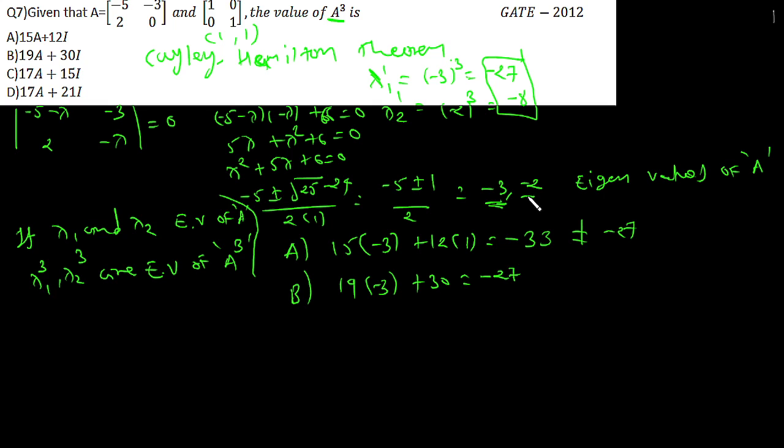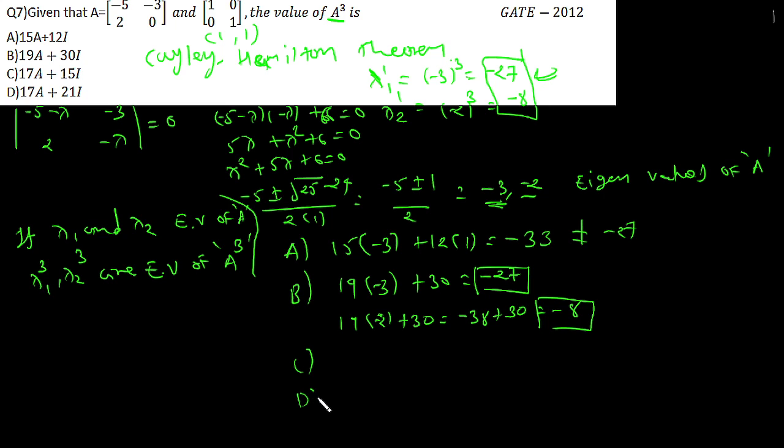Let's also check for minus 2: 90 multiplied by minus 2 plus 30. So you also get minus 8 in the output. So you can see that both eigenvalues correspond to A cube. You can also check options C and D; they will not satisfy this condition.